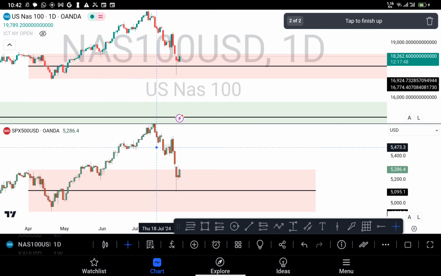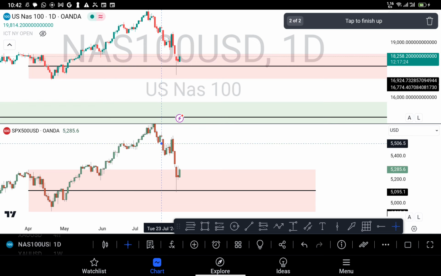But what I see now is that last week we sold on both Nas and SP500. We broke structure here. Check the vertical line. What Nas was doing at the same time what SP500 was doing when Nas was breaking structure. So this is our swing low.